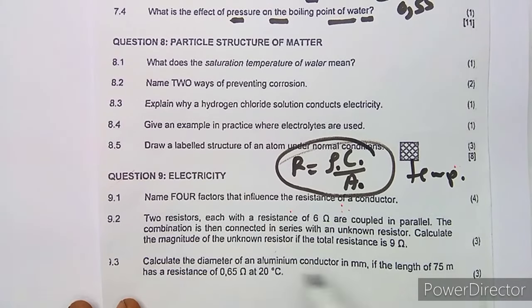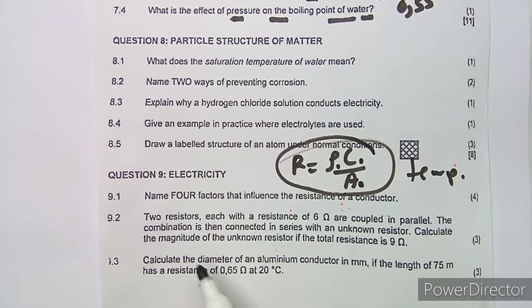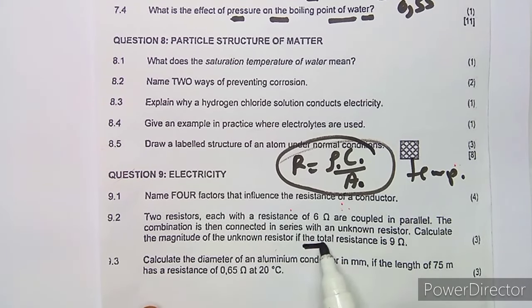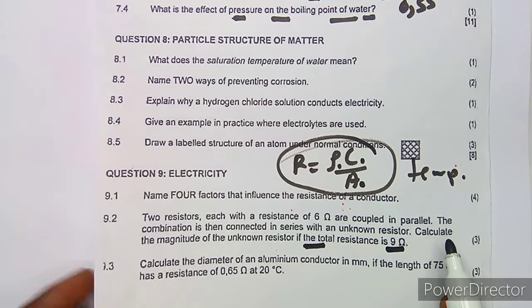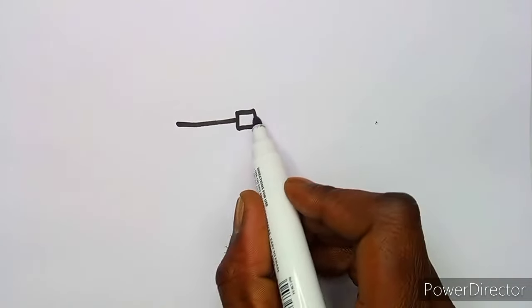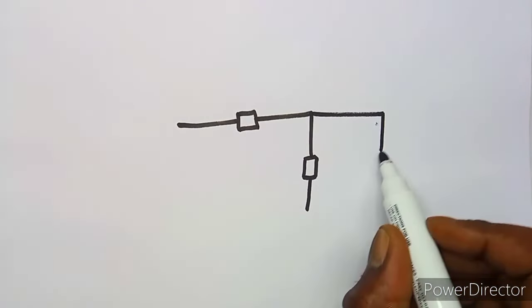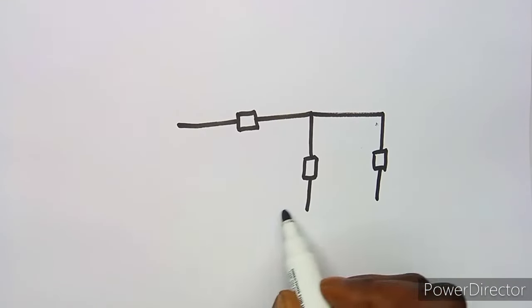On 9.2, 2 resistors, each of resistance 6 ohms, are coupled in parallel. The combination is then connected in series with an unknown resistor. Calculate the magnitude of the unknown resistor if the total resistance is 9 ohms. So we have a series resistor connected to a circuit of 2 resistors in parallel like that.